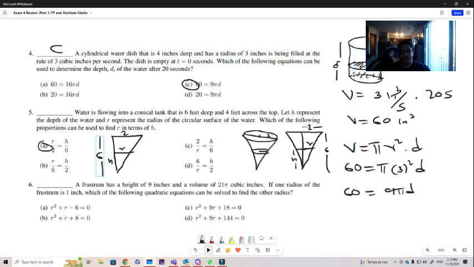You make ratios of 2 corresponding sides, but it's gotta be in the same order. R is to 2 as h is to 6. I could do the other way around, saying h is to 6 as r is to 2, but that will yield exactly the same relationship.